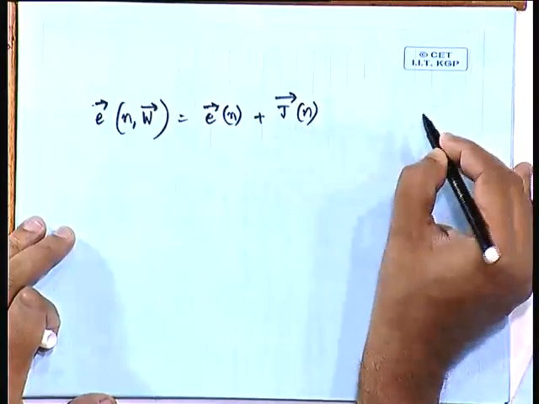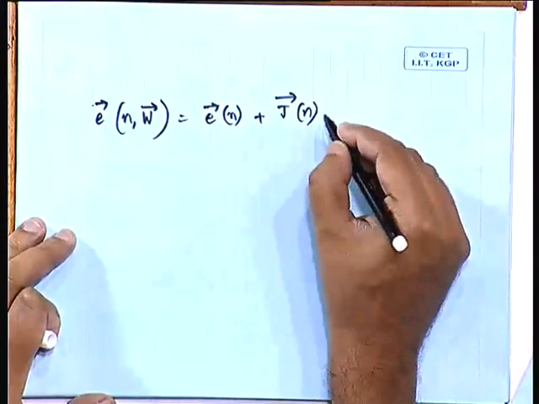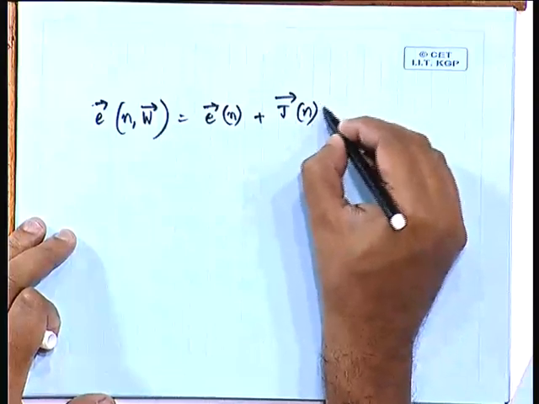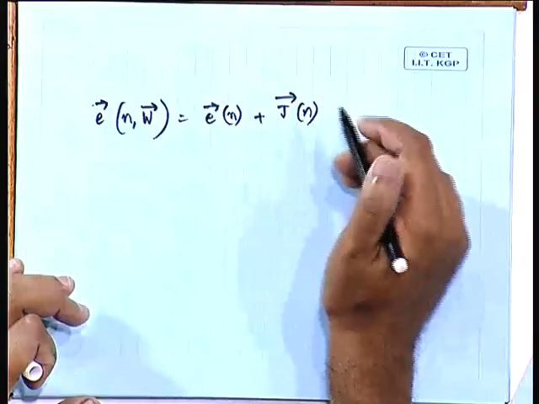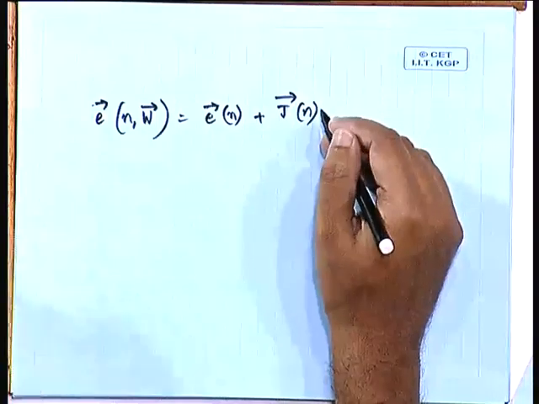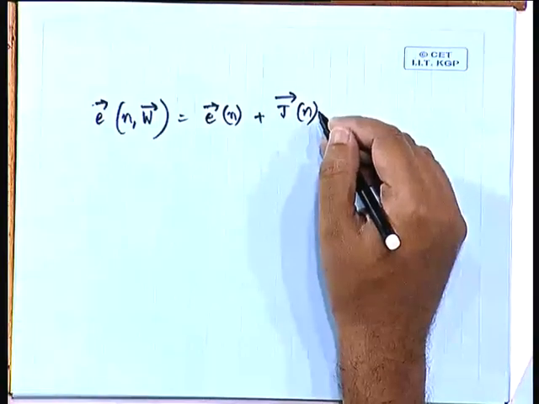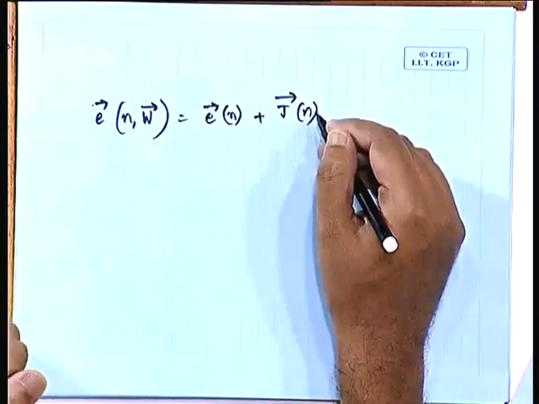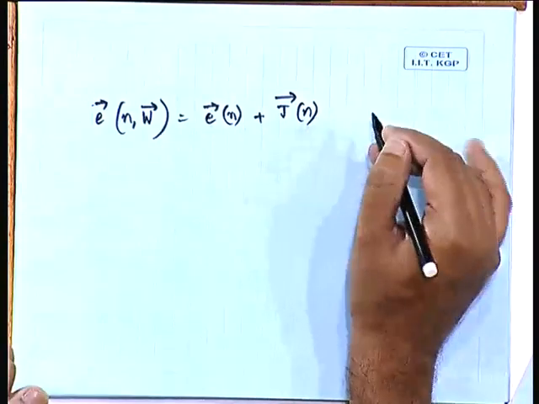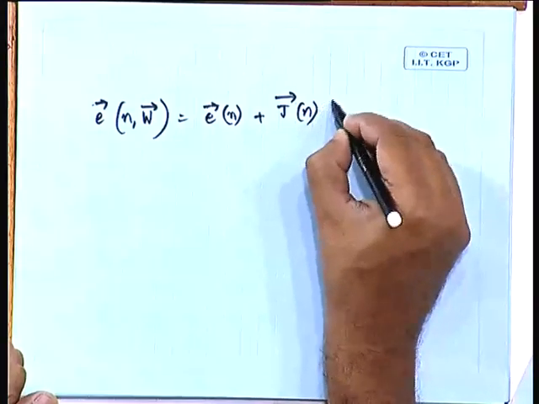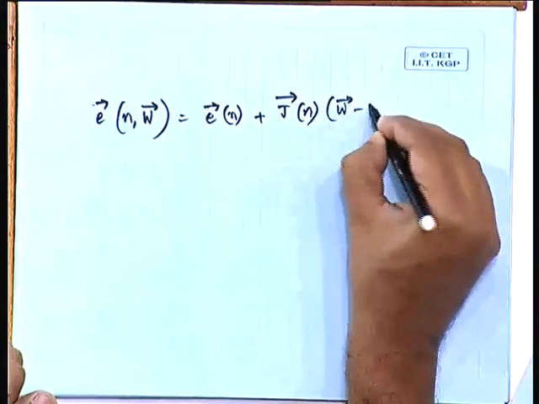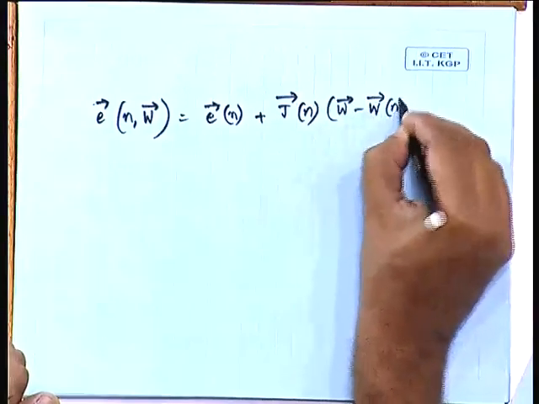In fact, it is the J_n which directly gives you the Jacobian matrix, and it signifies the partial derivatives with respect to the W vector, which in the matrix translates to the partial derivative with respect to all the different components of W, and then it is J_n multiplied by the change in weight, which is nothing but W minus W_n.